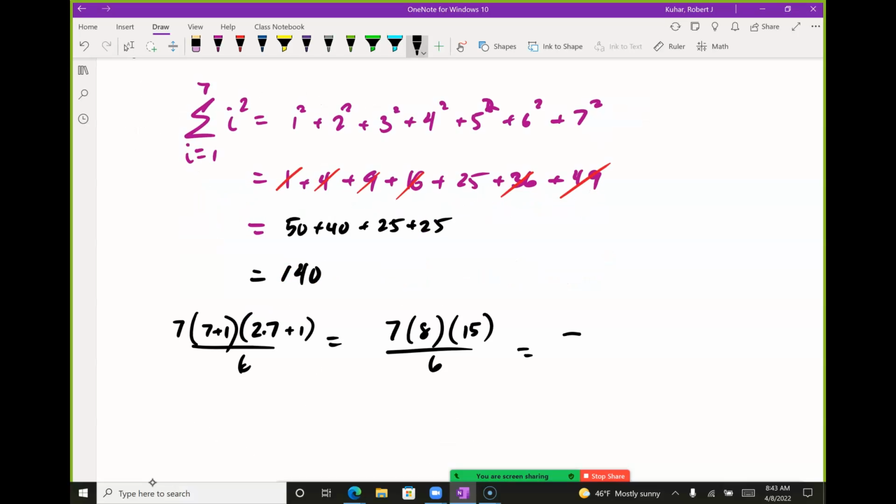That's 7 times 2 times 4 times 3 times 5 over 6. So the 2 and the 3 and the 6 go away, and I've got 28 times 5. Oh yeah, it's 140. Right, so you get the idea. You could look at any of these up to any number and verify them.